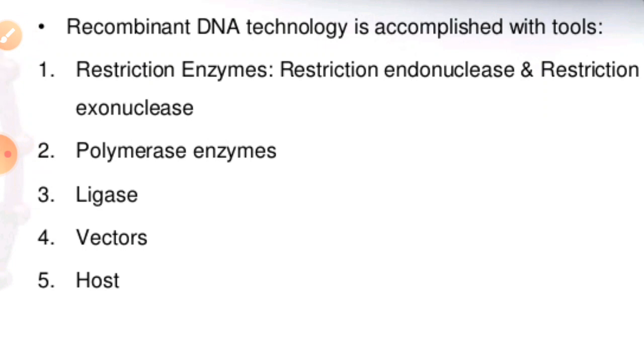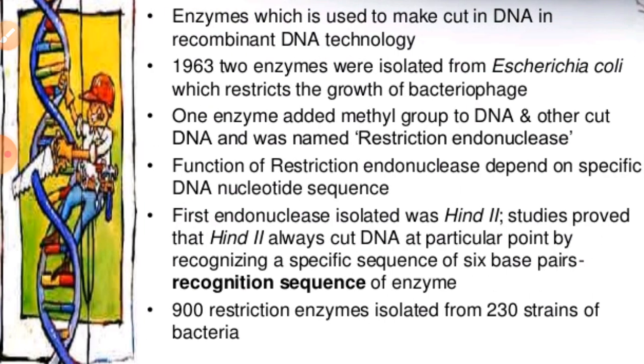Especially there are some tools: restriction enzymes, cloning vector and competent host organism, or instead we can say restriction enzymes, polymerase enzymes, ligase, vector and host, right? Because these are always helpful for us to do the different processes.